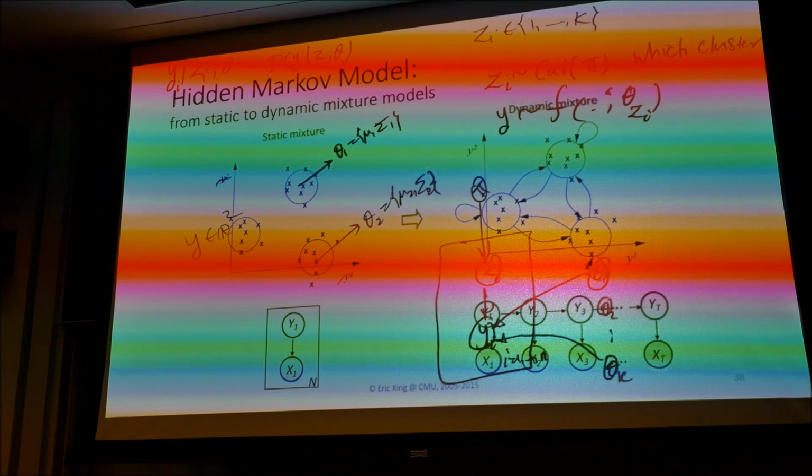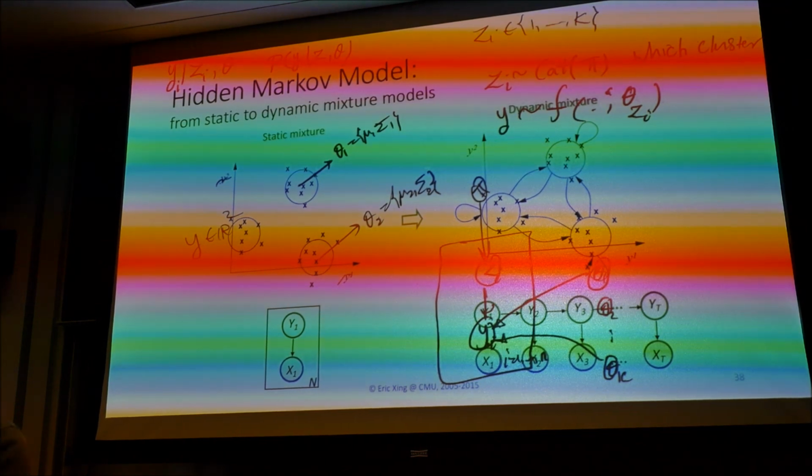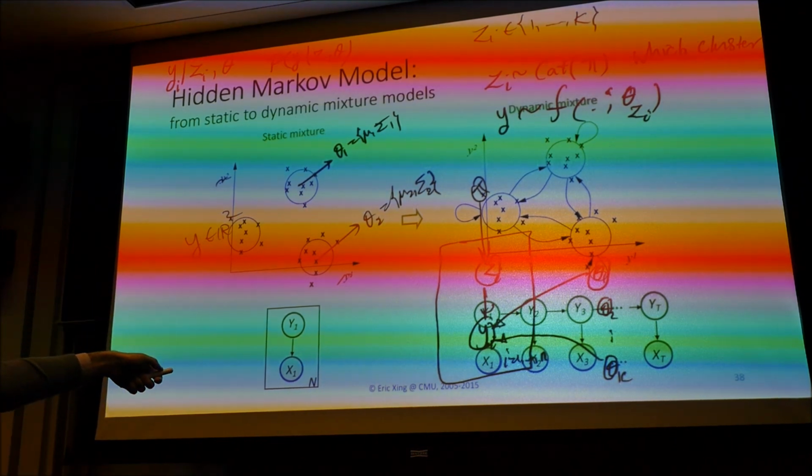Make sense? Or no? Yes, but the only way to represent the fact that it's not just theta, it's theta sub Z_i, is in the parameterization. You don't represent that in any way in the graphical model. Well, it's representing the graphical model, right?